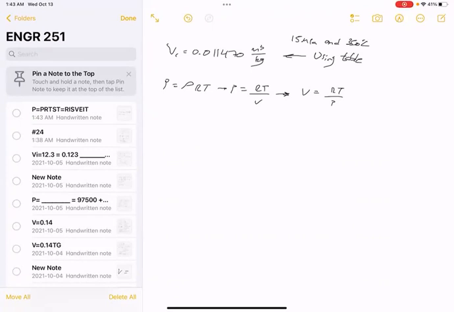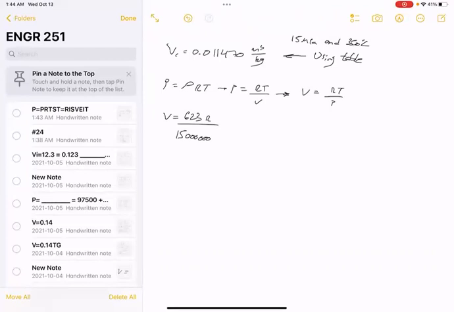And of course, to keep things consistent, we have to use Kelvin here. So 350 plus 273 always gives us 623. So V equals 623 times R over P, which is 15 megapascals. So like this, 15 million, right?